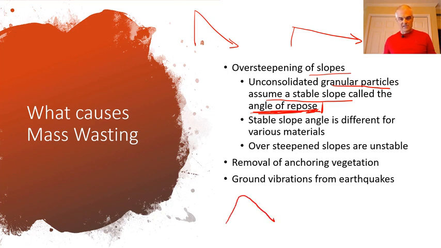Some can have really steep, and some materials can be really shallow. We'll do an activity in class that will help us understand this idea of angle of repose, so we're not going to go into great detail here because we're going to experience it with our own hands, okay? The stable slope is different for different materials, and if it's too steep, it's unstable and it's going to come crashing down.